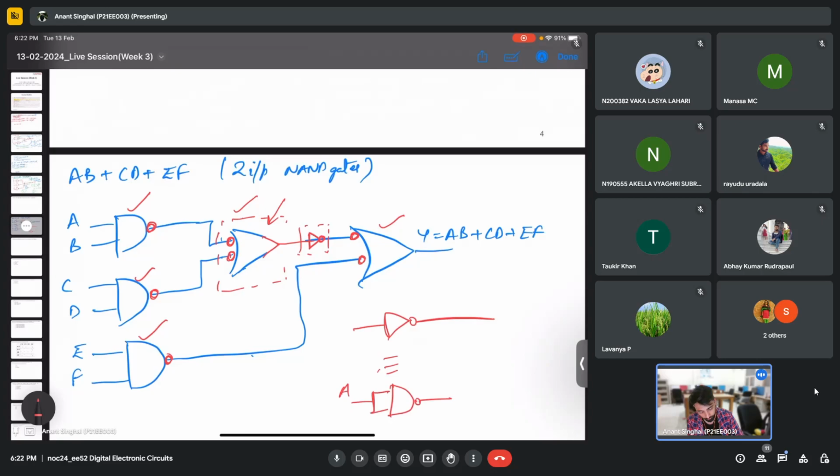So let's say I have given A here, so what will happen? The output will be A dot A whole bar, that will be A complement plus A complement, and ultimately it will give you a NOT gate. So instead of using this NOT gate, you can apply one more NAND gate, and you can do this here and this here. Do you understand this part, everyone?